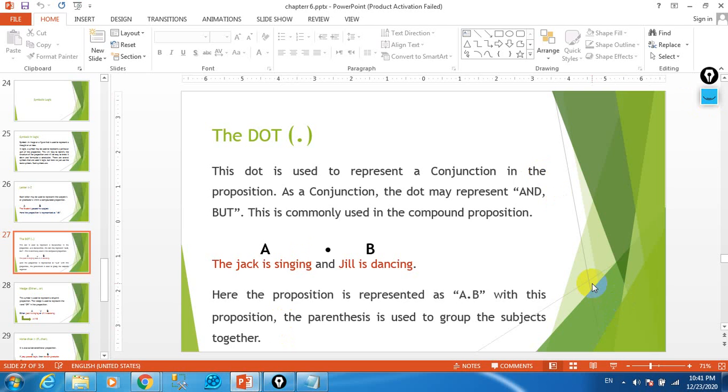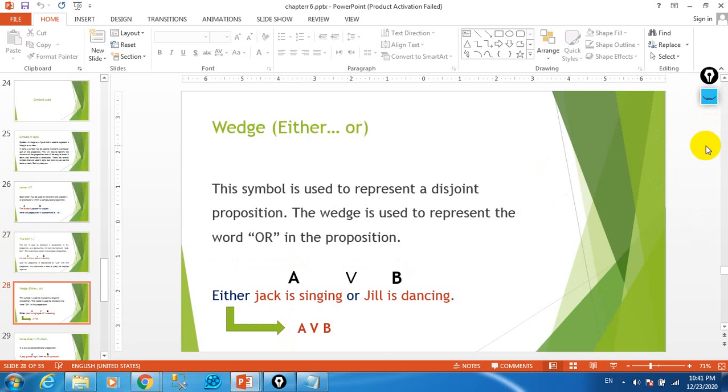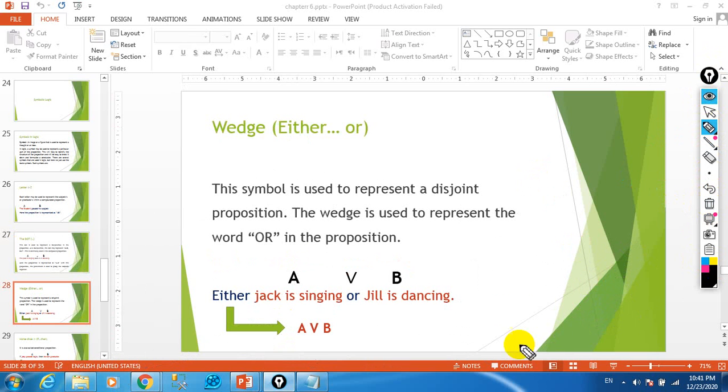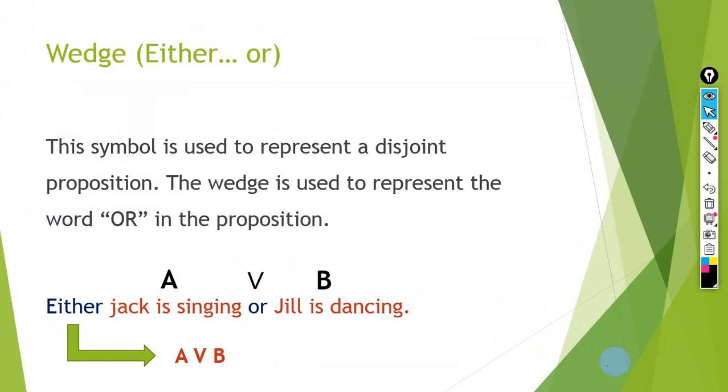So next, in the next slide, what we have is a symbol. Which symbol is it and what is it used for? Let me check this. Okay, so which symbol is used? It is for either/or.